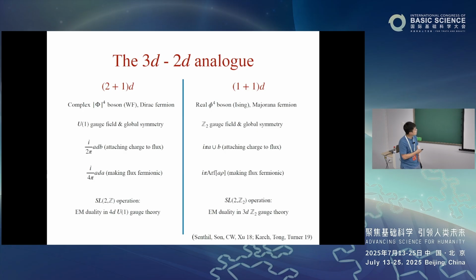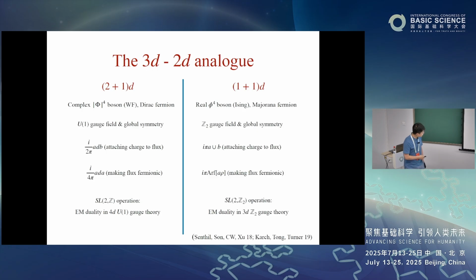The way that happens is that the mutual Chern-Simons term, which does flux attachment, is very similar to this discrete A cup B term. And the self Chern-Simons term, which does the statistics transmutation, converting boson to fermion, is very much in parallel to what the Arf invariant does to the 2D theory. You can play a very similar game of thinking about SL2Z operations. It turns out what you can do in 2D is much less. It's SL2Z2, a finite group, so you don't get to generate infinitely many cool things, only a finite number.